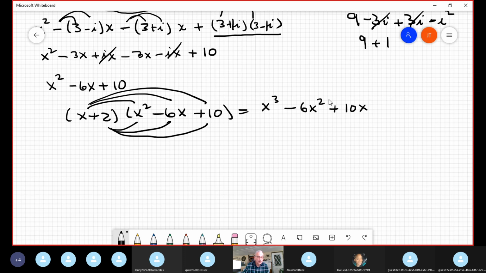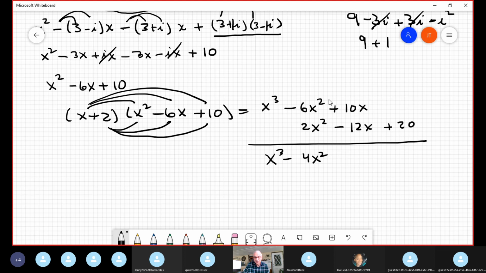You copy, this is 2x squared, you put 2x squared here. Then you put 2 times 6, negative 12x. And you put 20. It's a comfortable way to express this. And we combine like terms by column. It's x cubed minus 4x squared minus 2x plus 20. That corresponds perfectly with option A.